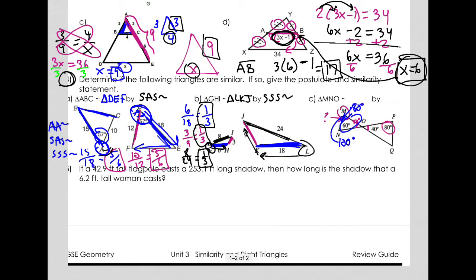So let me erase some of this because now it's messy. We know that this is 40. So that angle right there is 40. And we know that this angle right here is 80. So right there you should see we have a pair of angles, and we have another pair of angles with the 80 degrees. So this is our angle similarity. So we could say that angle MON is congruent to angle POQ, if we just name our angles.